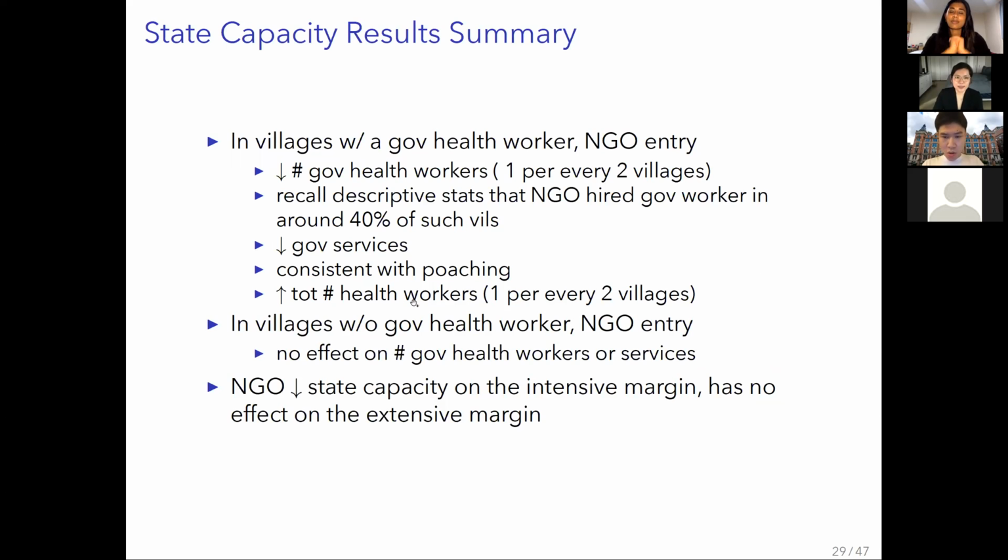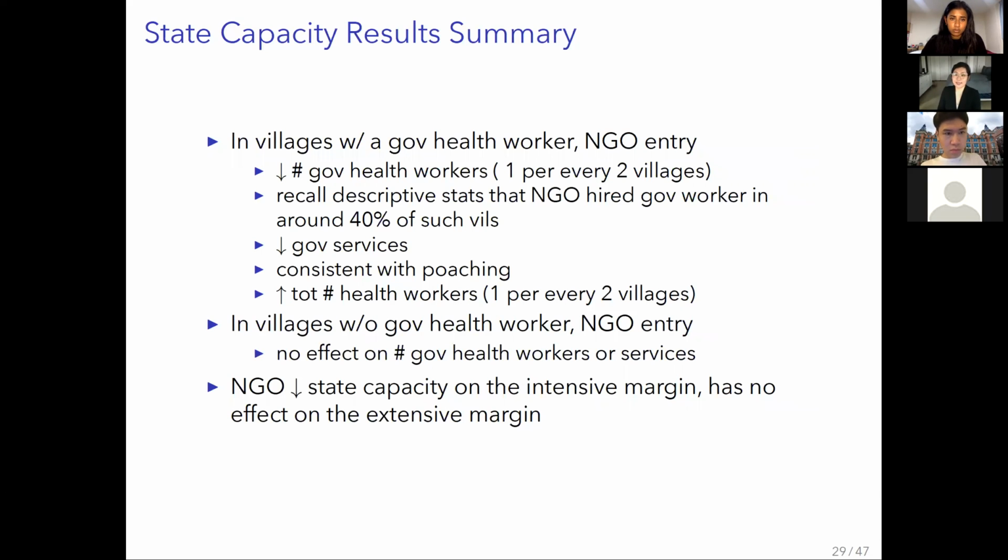Okay, so what do we learn about state capacity? We learned that in a village with a government health worker, NGO entry reduces the number of government health workers by 1 for every 2 villages. It reduces the amount of government health services. And this is all consistent with poaching, right?